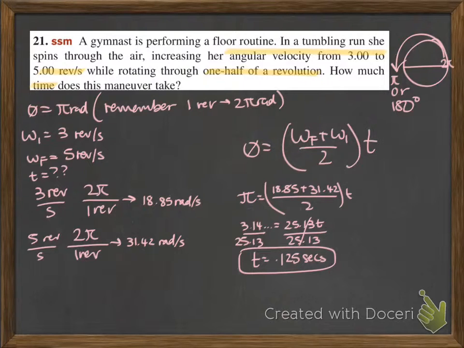And using that, you can use theta equals final velocity plus initial velocity over 2 times t, or pi equals 18.85 plus 31.42 divided by 2 times t, and then you would do 3.14, or pi, divided by 25.13, giving your time 0.125 seconds.